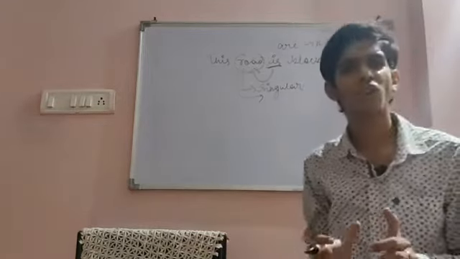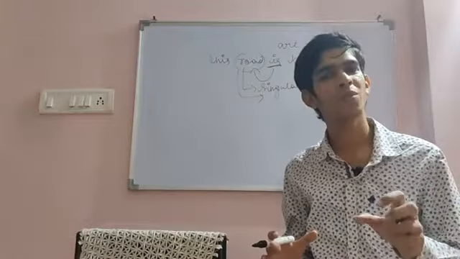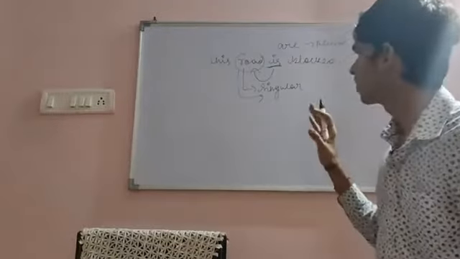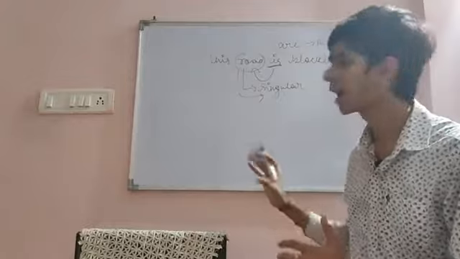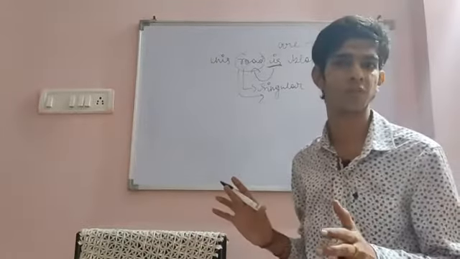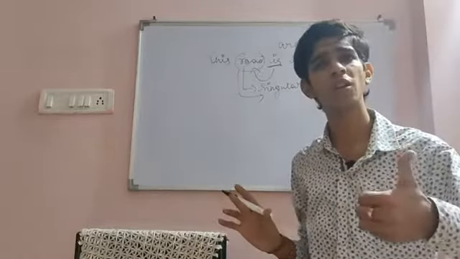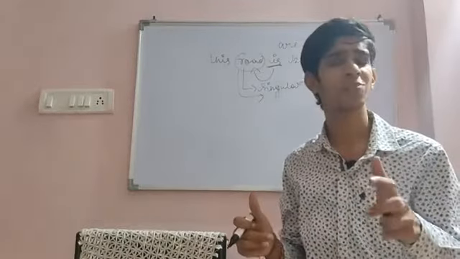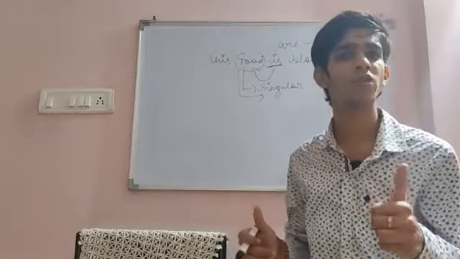So in subject-verb agreement we need to understand this concept: the verb must agree with the subject and also with the person. If the subject is singular, then the verb also needs to be singular. If the subject is plural, then the verb also needs to be plural.